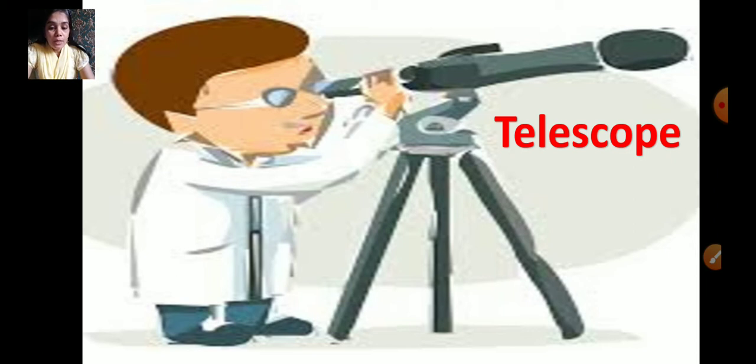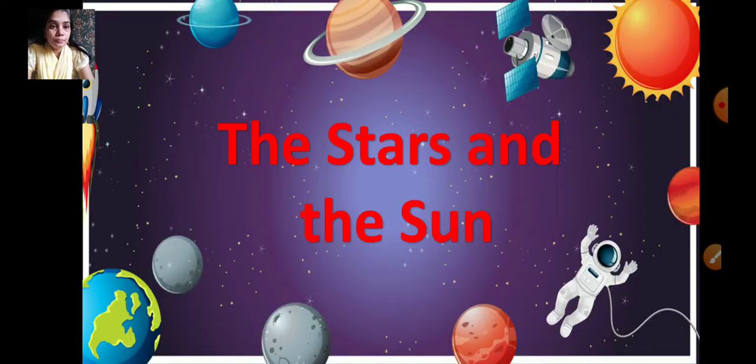Okay, now let's move on to the stars and the sun. What is a star? We know that stars are in the sky and we can see them at night, twinkling and so beautiful.